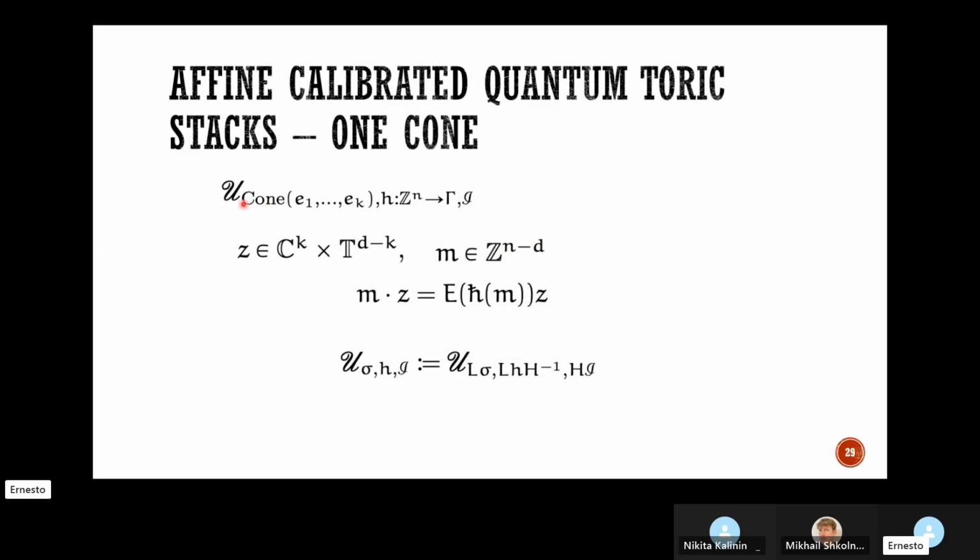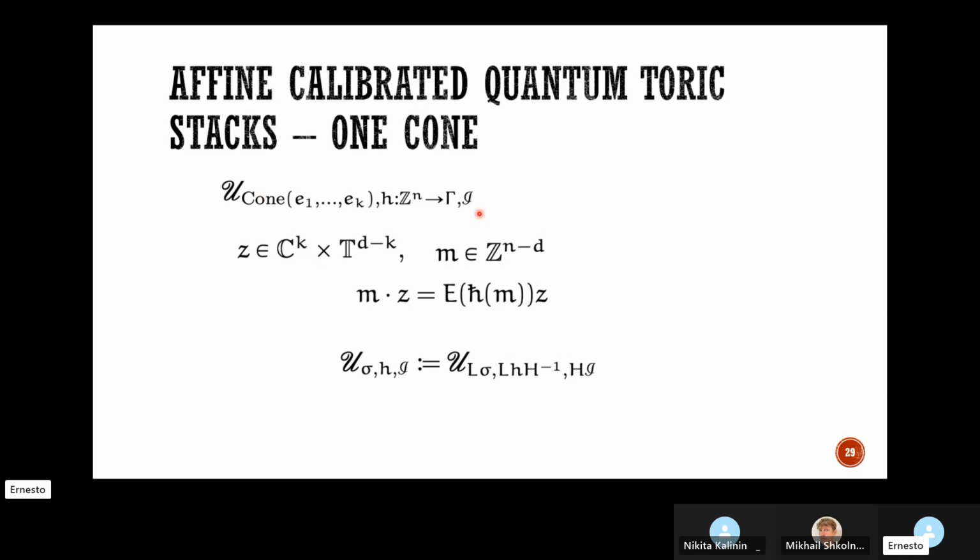And if I take what is U of the cone and H, and now this is J. This is meant to be J. And well, I get, well, the answer, what should be the affine calibrated quantum toric stack associated to one cone?